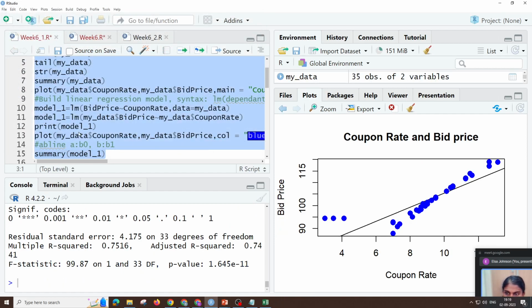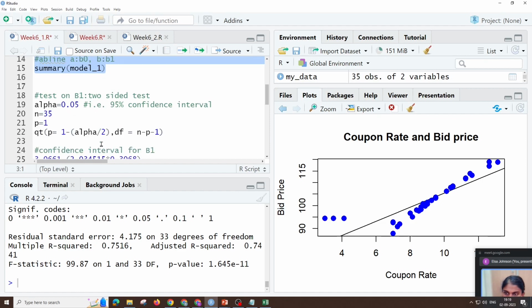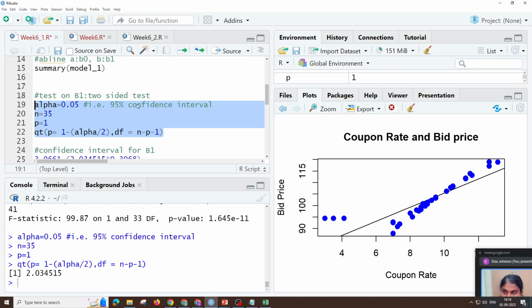For a 95% confidence interval, it will be two sides, so 2.5% on each side, so 0.05 in total. In that case, 2.0345 will be the value.